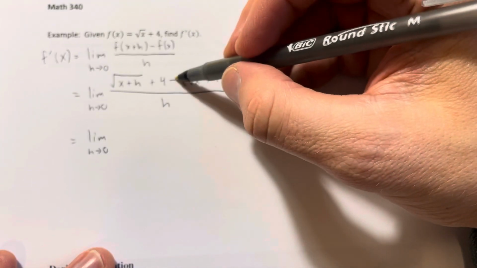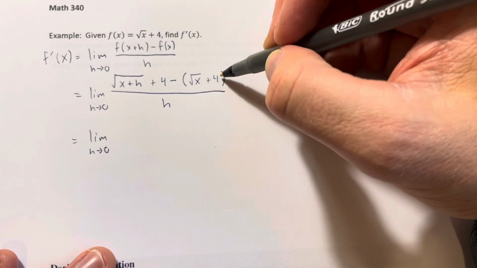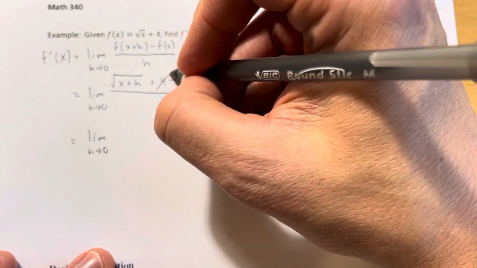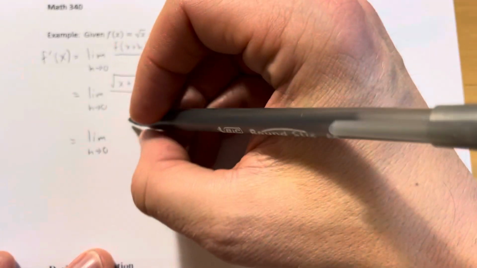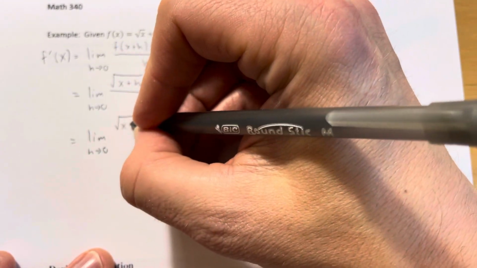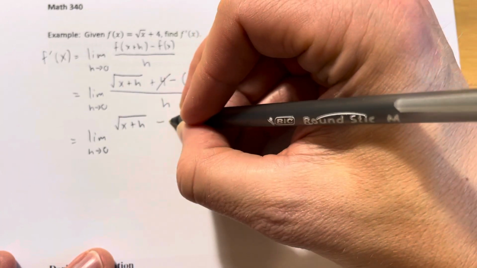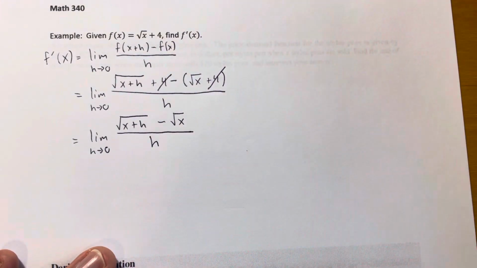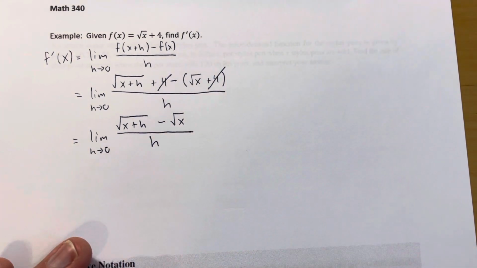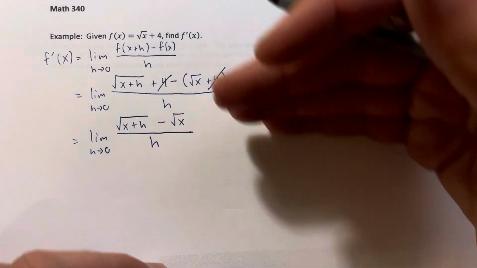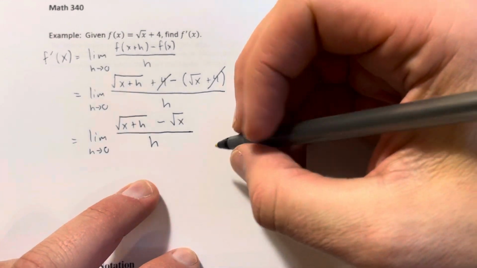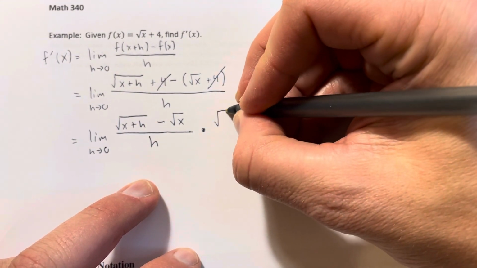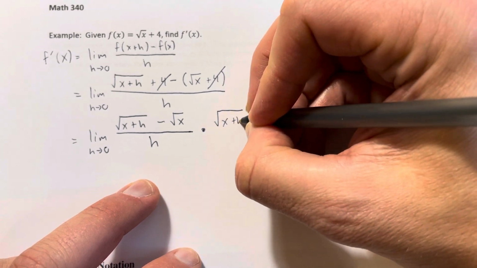So notice if I were to distribute this minus sign, this plus 4 in here is going to become a minus 4, which would then cancel with the plus 4 right there. So that's going to leave me with this, square root of x plus h minus square root of x all over h. And this is one of those difference quotients involving radicals that we have talked about how to solve. We use a different technique for these than we did for the previous examples. We multiply by a conjugate.